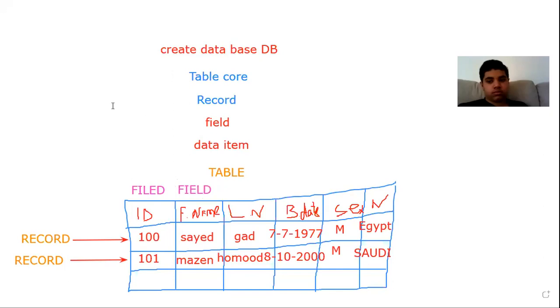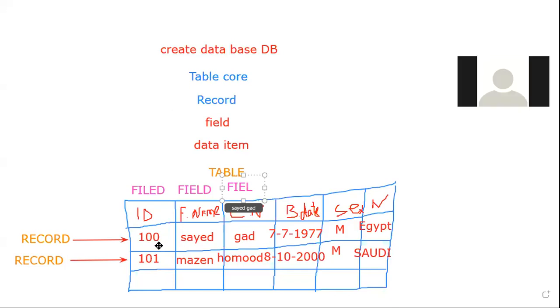Another field, and we go on like this. If I want to talk about a record, for example, about a student called Said, this record includes some fields.